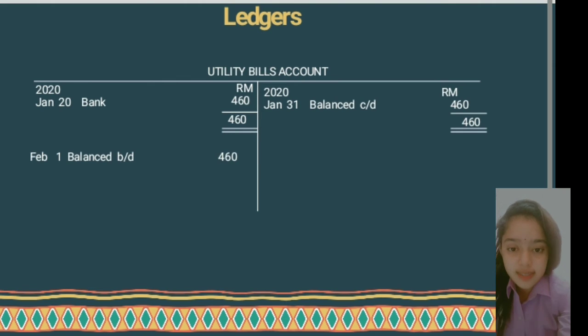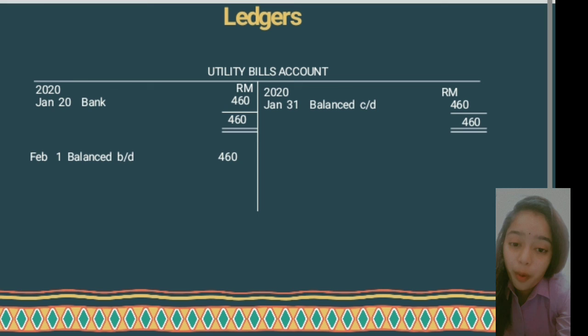For the last, on 20 January, payment was made by check for the following RM 1,500 for the shop rental and RM 2,800 for the salary and RM 460 for the utility bills.